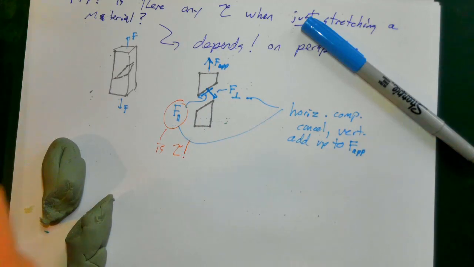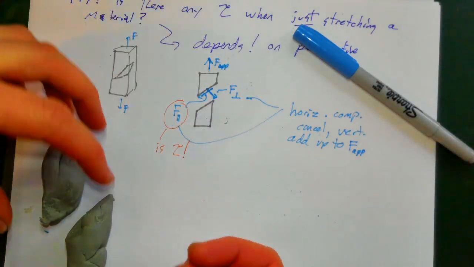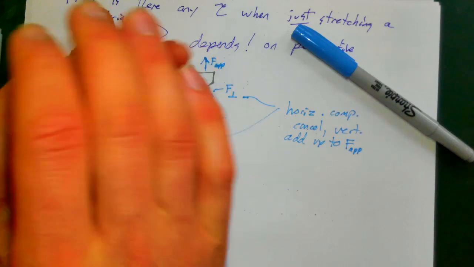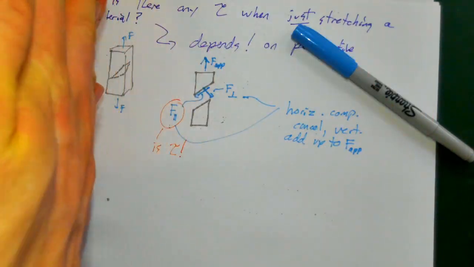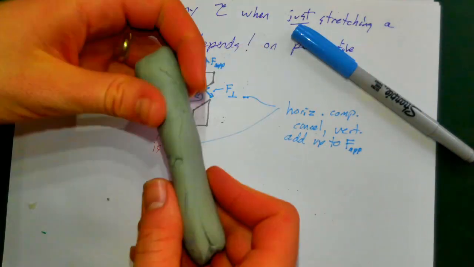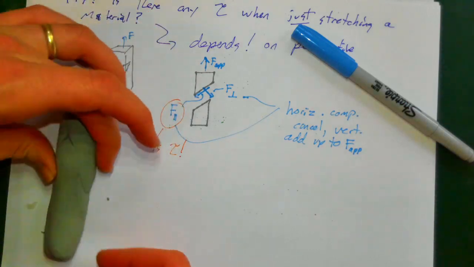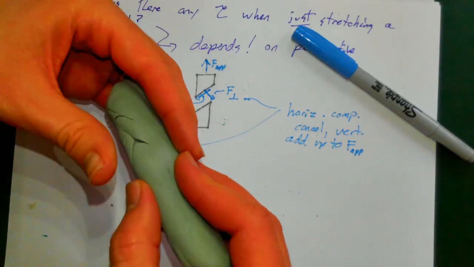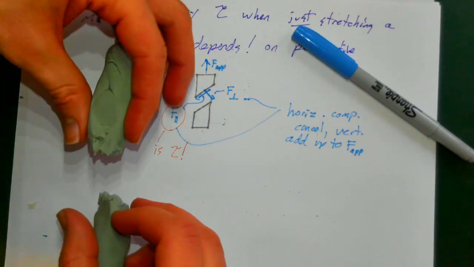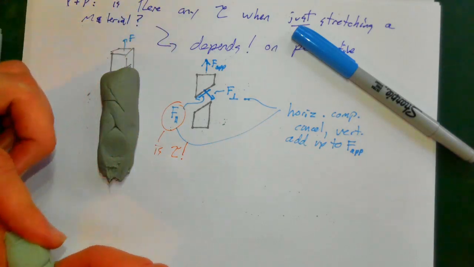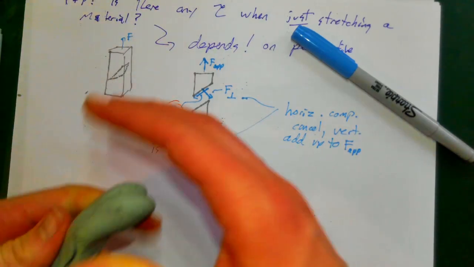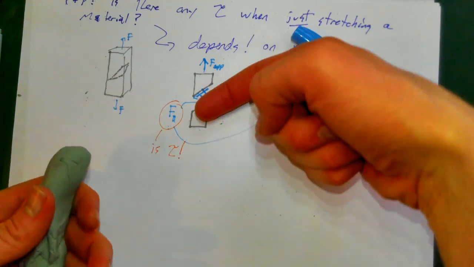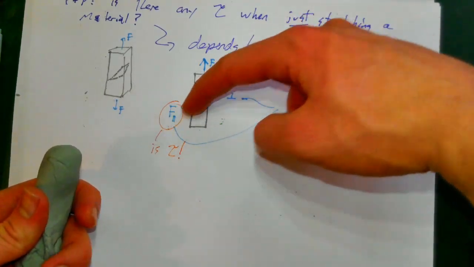And it turns out that when you do these material tests, if you had some new material that you wanted to characterize and you do a tension test on it, many materials, not Play-Doh, but many materials, don't break with a clean horizontal cut, but actually fracture like this.